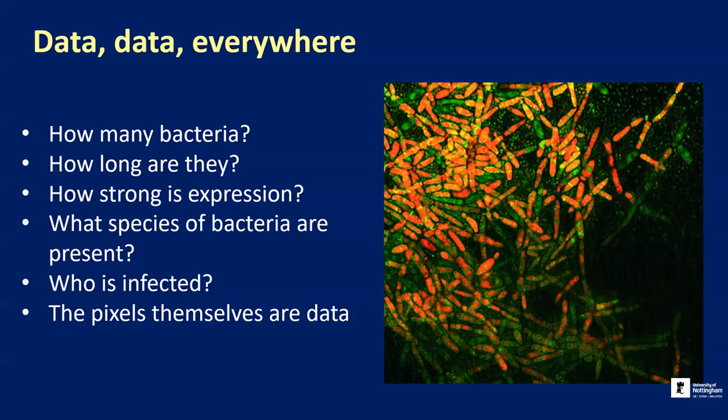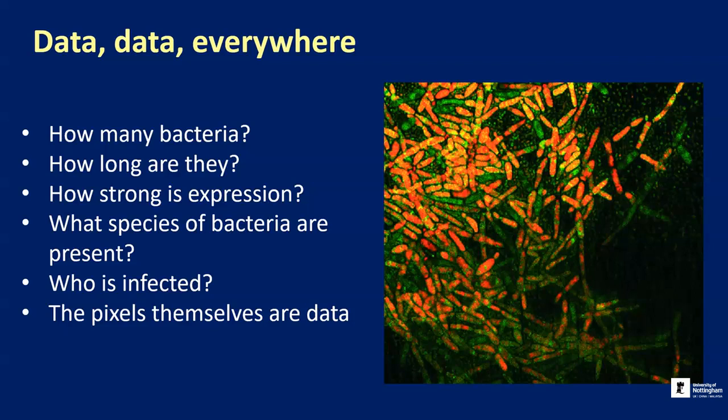We could try to measure this gene expression, if that's what this green and orange colouring means. Then we could try to measure the intensity of that colour in each bacterium, and that might tell us something about how strongly those bacteria are expressing a gene. It might be a gene, for example, for antibiotic resistance, which might be really important if you're thinking about treating a patient with a bacterial infection.